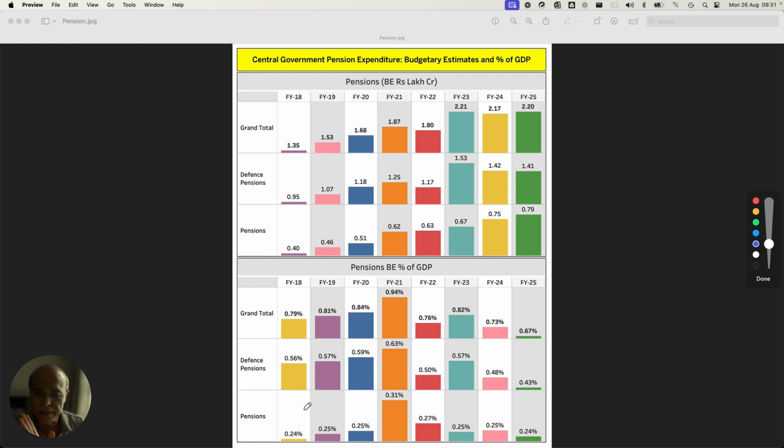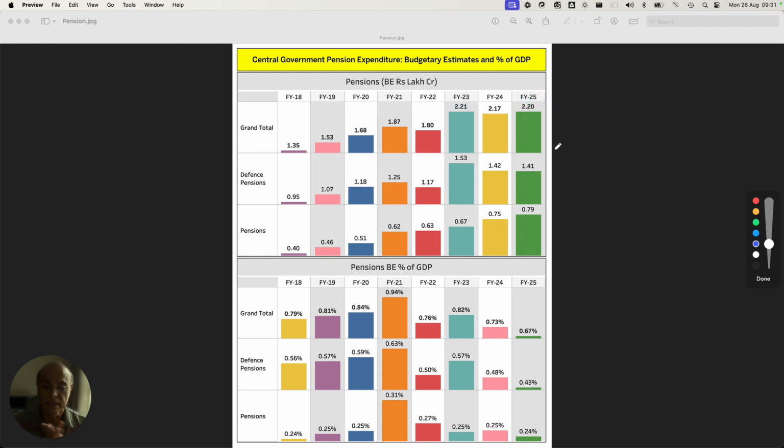So the summary is very clear: the central government pension is now standing at the same level as FY18 in percent of GDP, which is 0.24%, whereas the defense pension has decreased from 0.56% to 0.43%. In absolute terms, the numbers increased till FY21, then there was a slight decrease in FY22, and now these numbers actually have stabilized going forward.